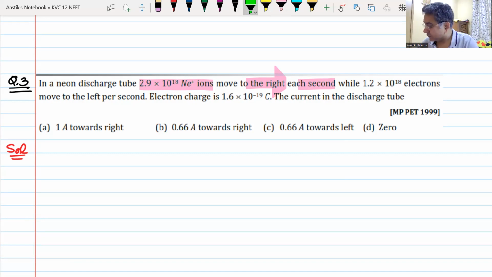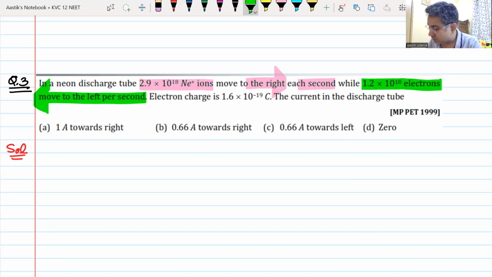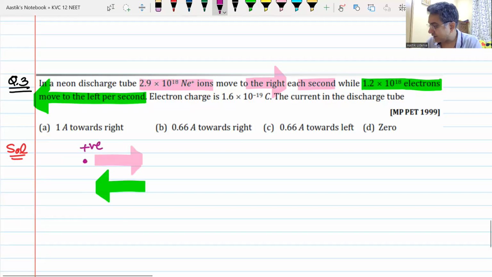Now 1.6 into 10 raised to the power 18 electrons are moving to the left. So positive charges are moving towards right and negative charges are moving towards left.